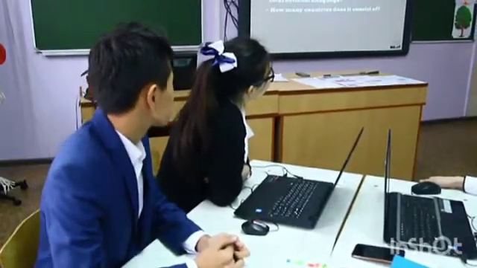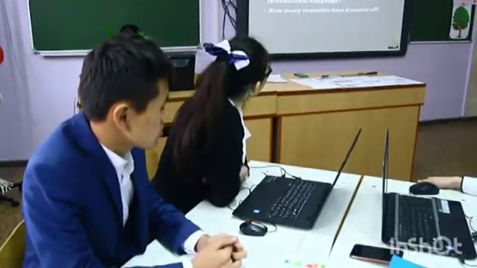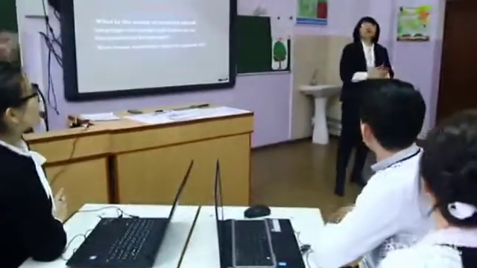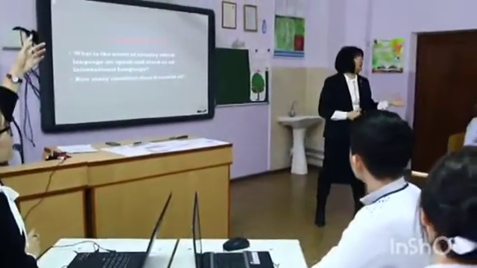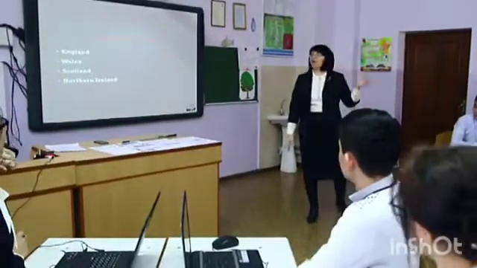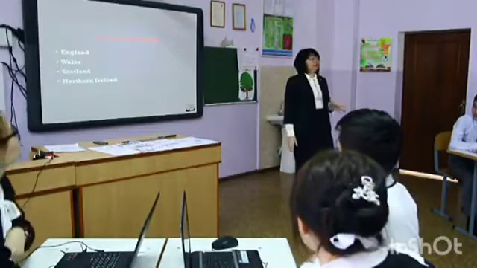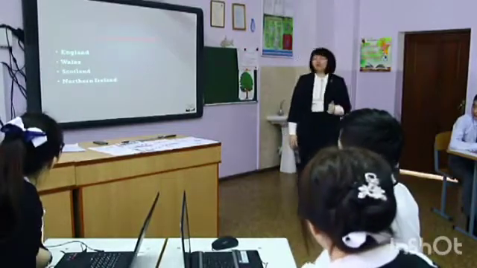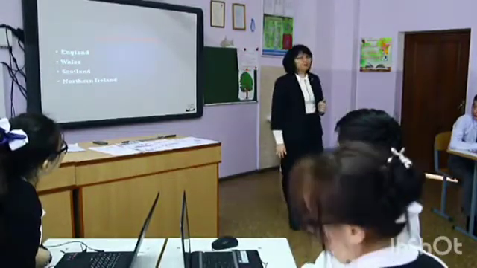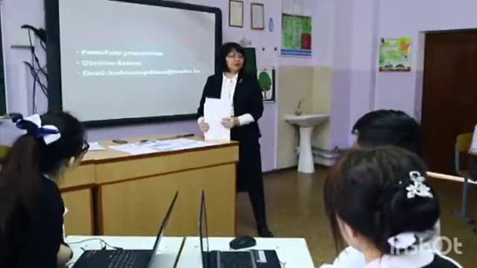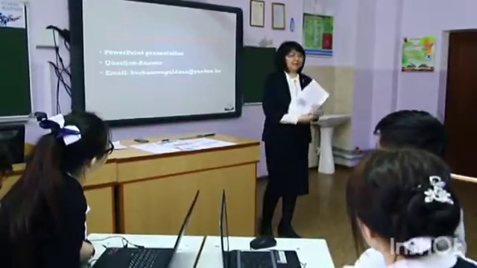And how many countries does it consist of? Four countries: England, Scotland, Wales, and Northern Ireland. Very nice. Today I am going to give you some information about these countries.